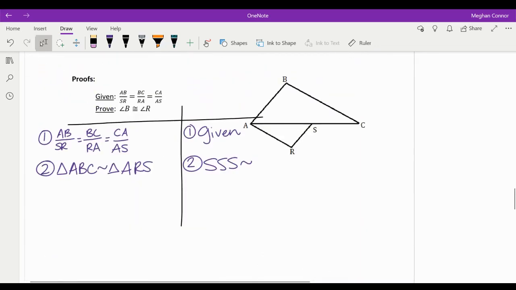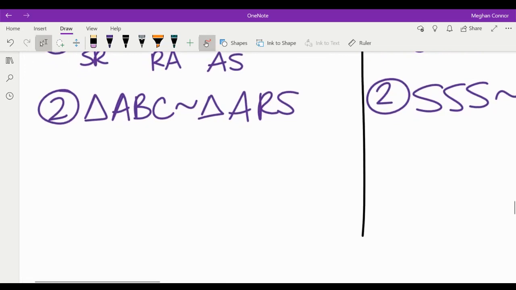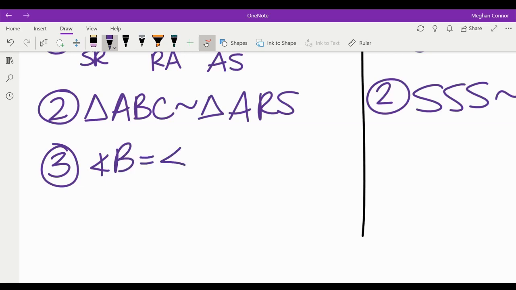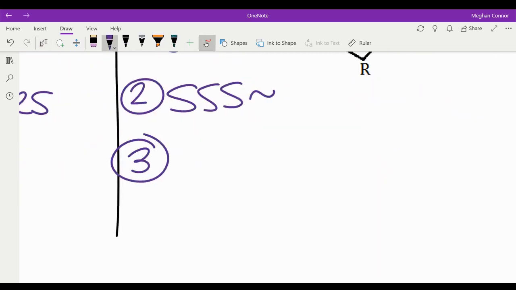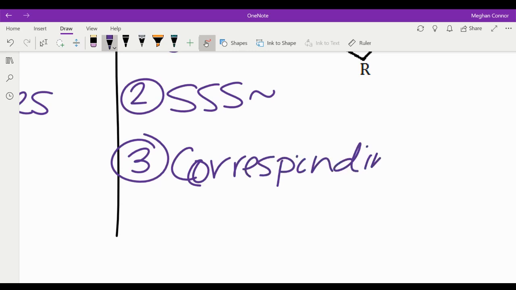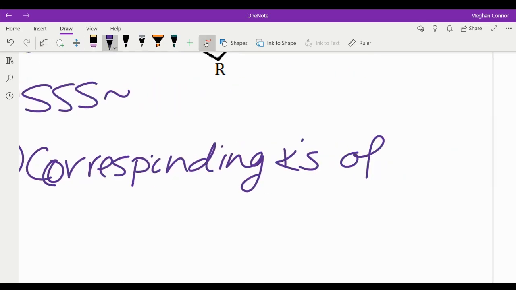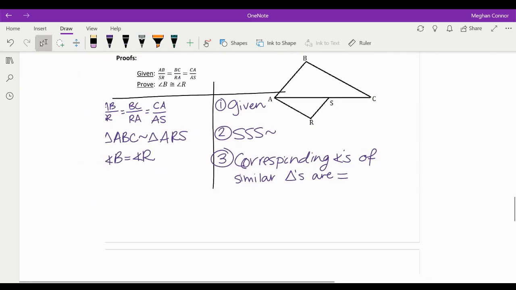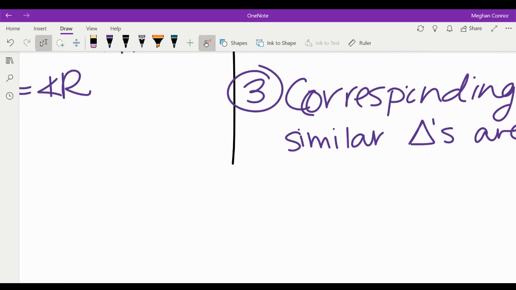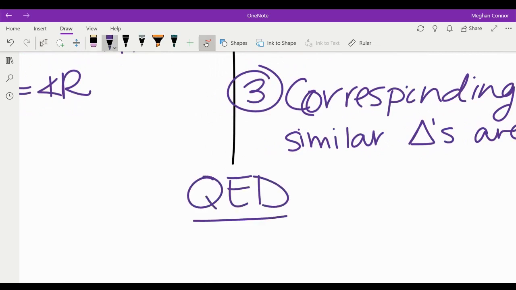So I can now say that angle B equals angle R, because corresponding angles of similar triangles are equal. And we've finished. QED.